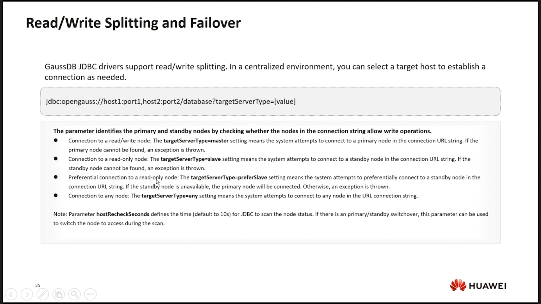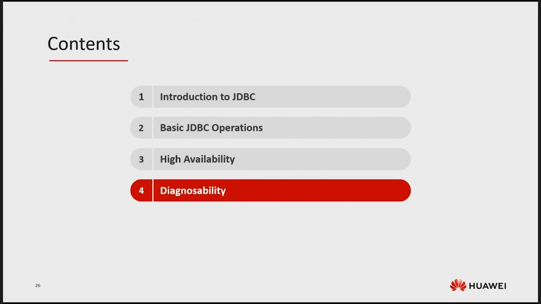But in this case, you read from both the slave node and the master node, so there will be more pressure on the master node. But if you don't mind, you can use it.